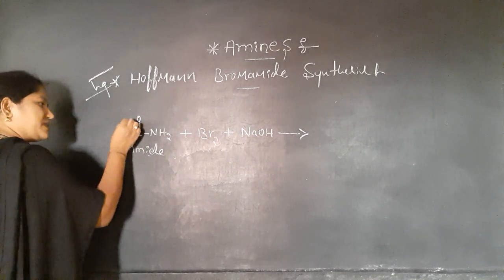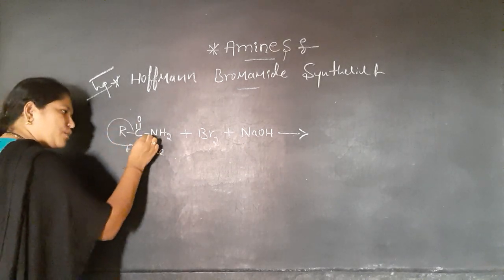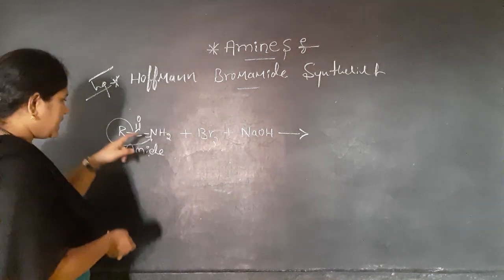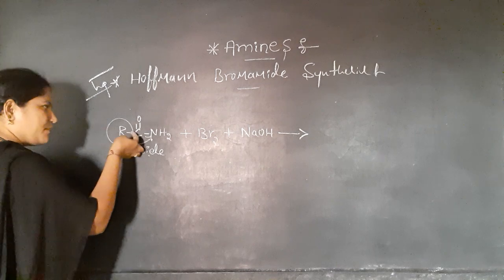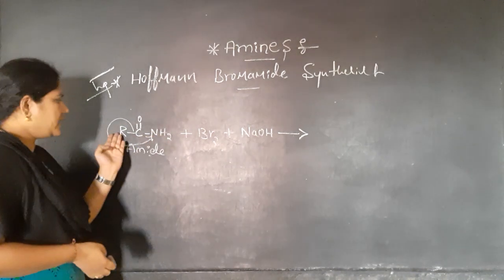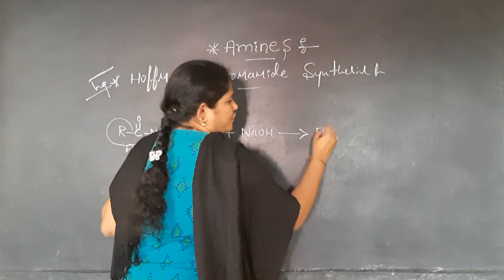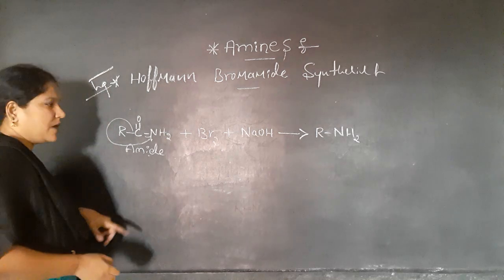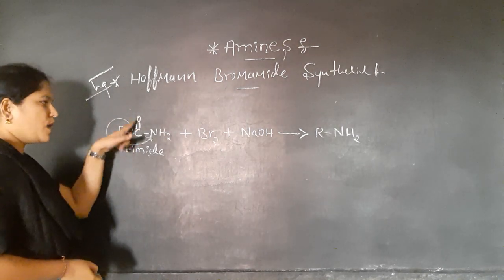Here the alkyl group is going to migrate from the carbonyl carbon to the nitrogen of the amide. The alkyl group breaks its bond and migrates directly onto the nitrogen. So we are going to get RNH2 directly. So after migration, we obtain primary amines. Then we are removing the C double bond O from the amine.